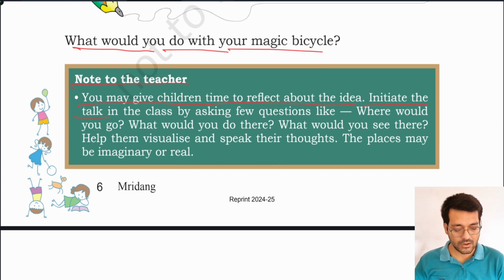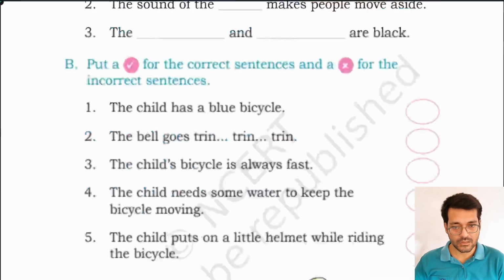Initiate the talk in the class by asking a few questions like, where would you go? What would you do there? What would you see there? Help them visualize and speak their thoughts. The places may be imaginary or real. This is a note to the teacher.